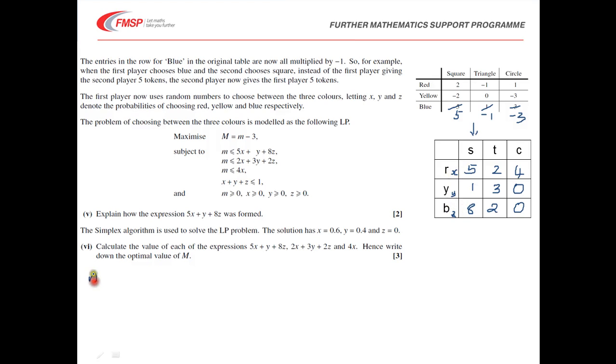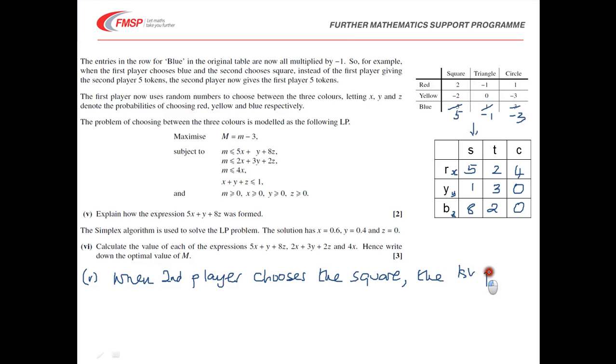So for part 5 we're going to say something like, when the second player chooses the square, the first player expects to win 5x plus y plus 8z. 2 marks for that question.